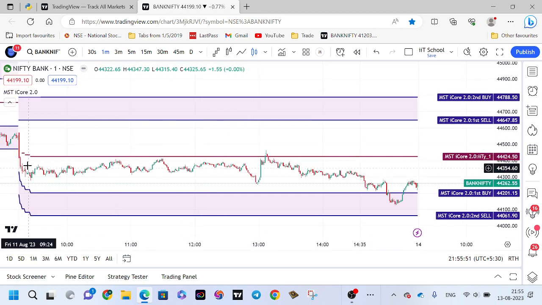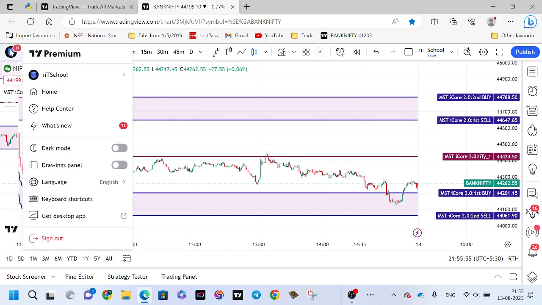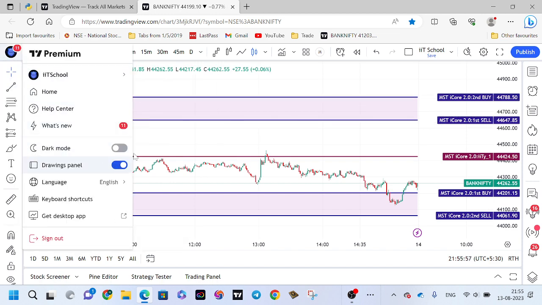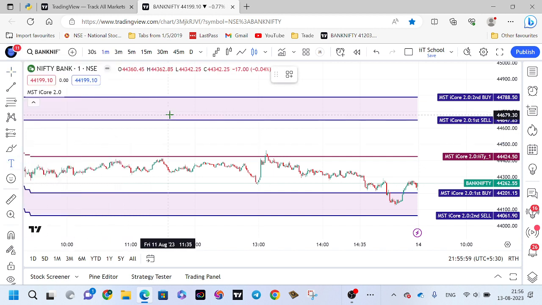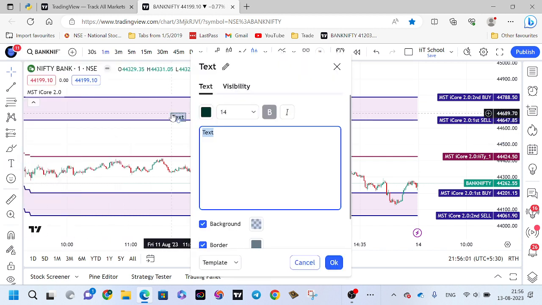If the market is going to the upper side, to the supply zone, we will be selling from there. If the market is coming down to the buy zone, we will be buying from there. That's all, very simple. Once again, this is what we do when the market is open.